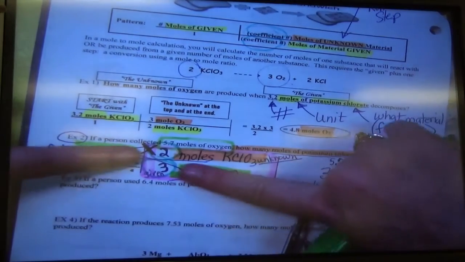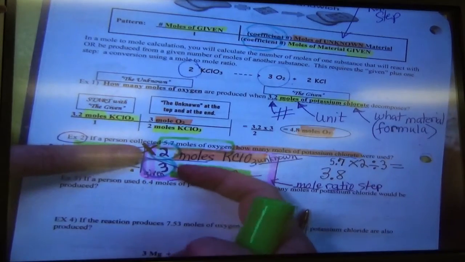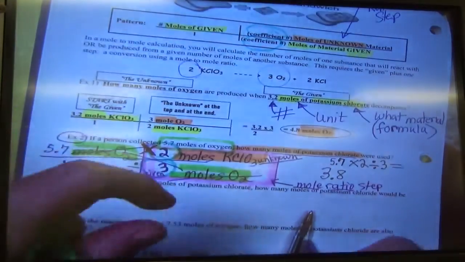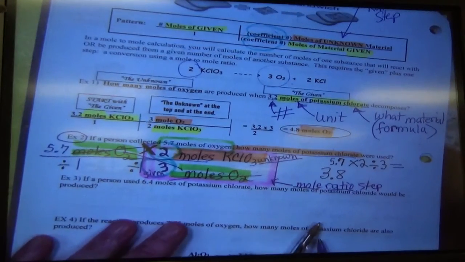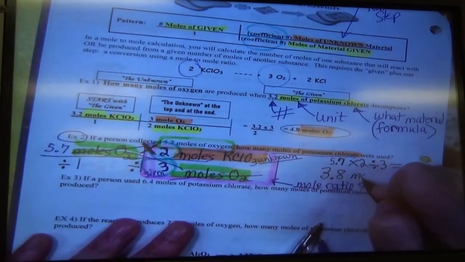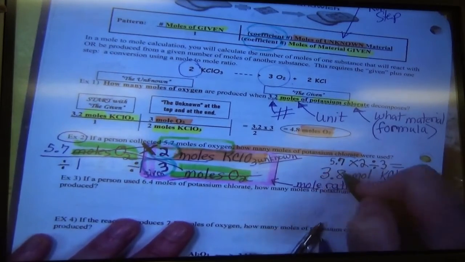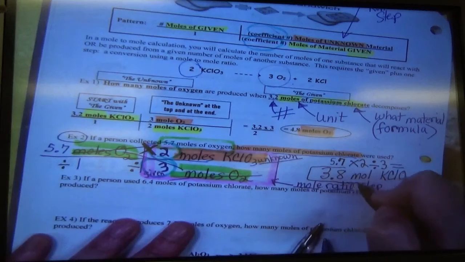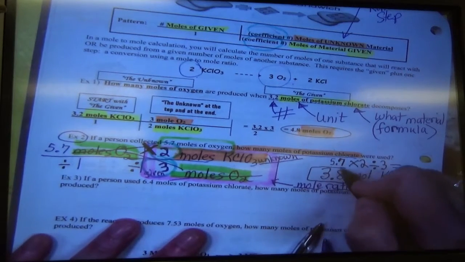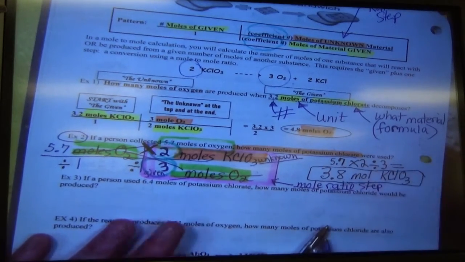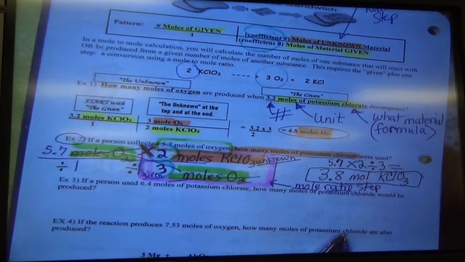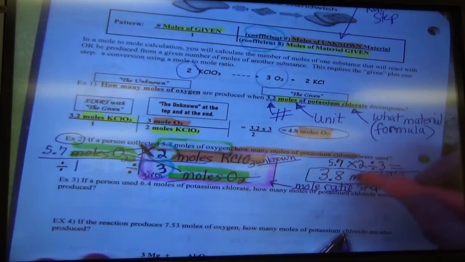So if those are gone, what's the only unit that did not cancel? Moles potassium chlorate. And that's how we get moles potassium chlorate as our label. Number, unit, and what is it? We're finished. That's done. Man, we've got to do this like 3 more times.